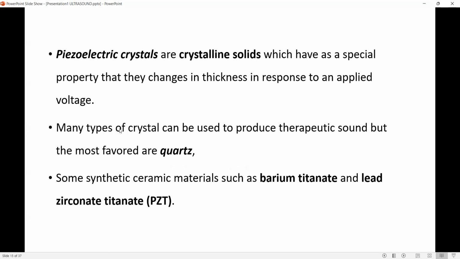Many types of crystal can be used to produce therapeutic sound, but the most favored is quartz, along with some synthetic ceramic materials such as barium titanate and lead zirconate titanate.